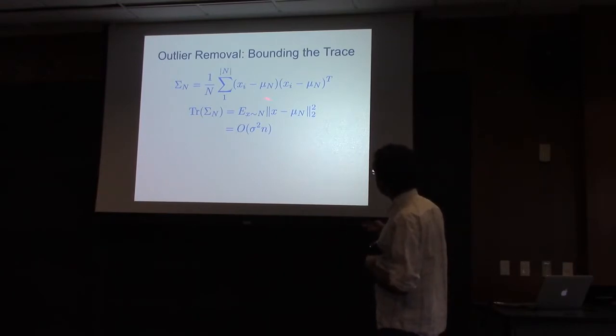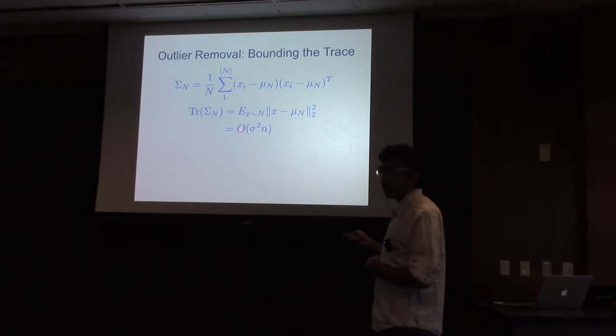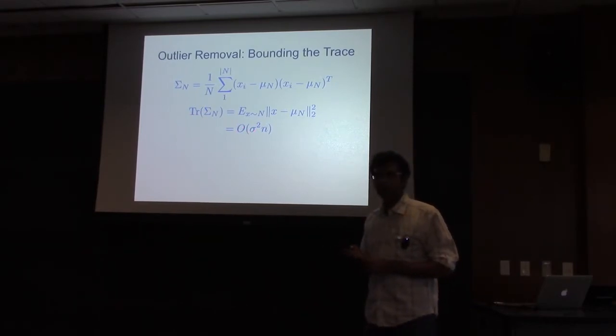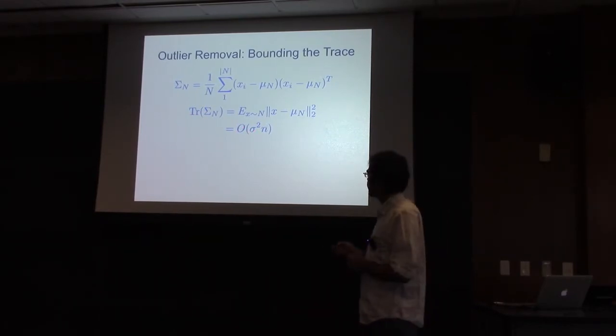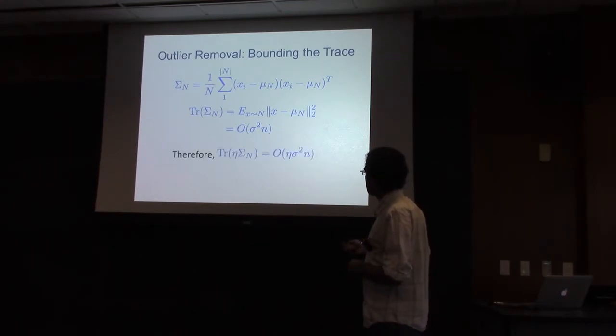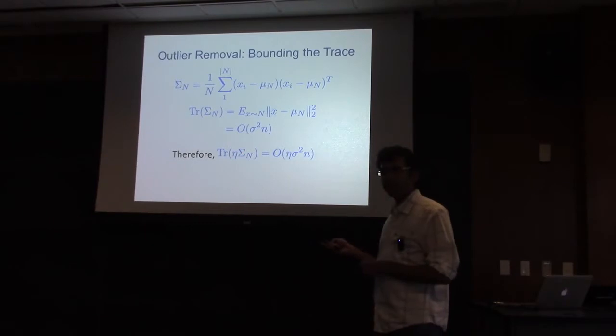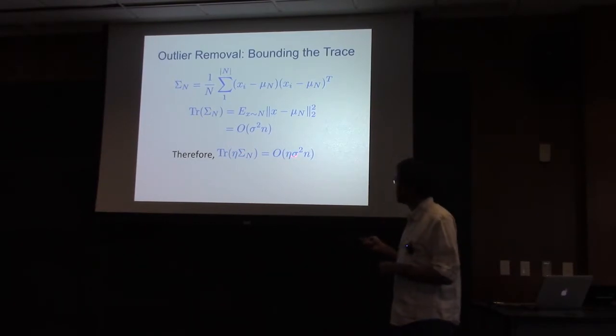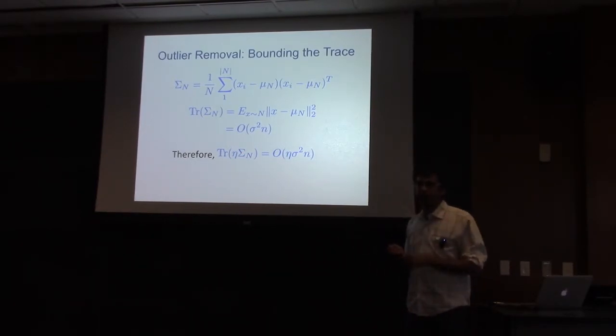And since each point is at most sigma square root n away, the trace will be order sigma square n. So therefore, the trace of eta times sigma n, the covariance matrix of the noise, is at most eta sigma square n. So this is what the weak outlier removal step gives us.